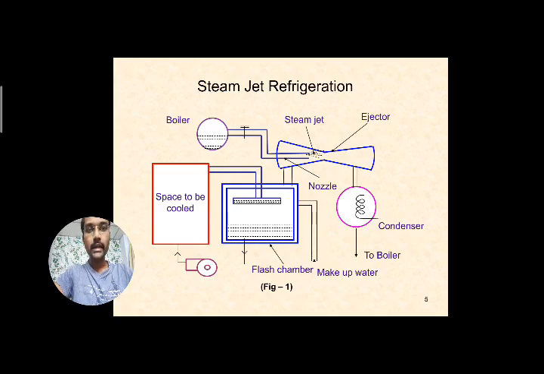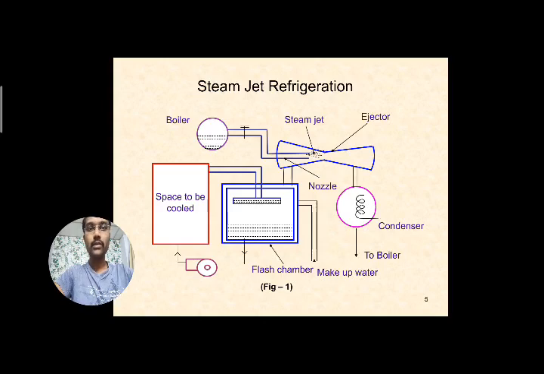That low temperature water, with the help of a pump at the bottom, is pumped into the space to be cooled. With circulation through the pipes, the water entering at very low temperature circulates in the pipes, and the products placed inside exchange heat.